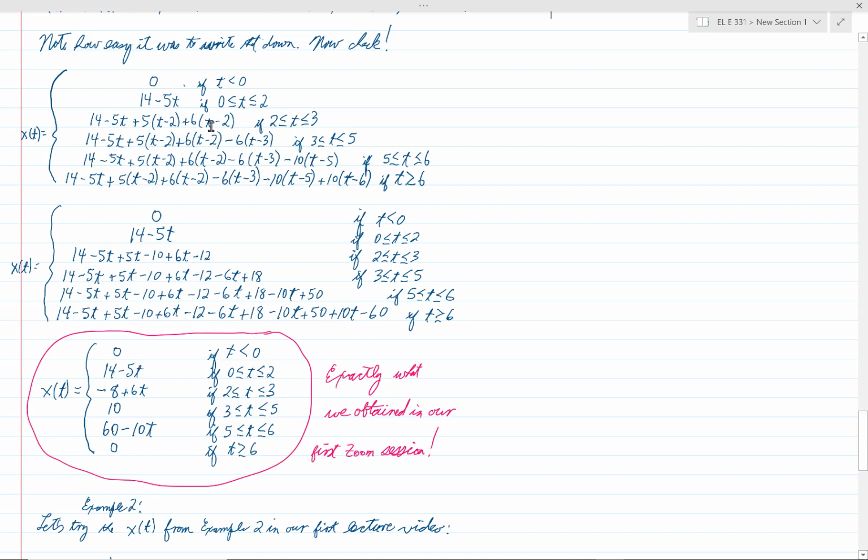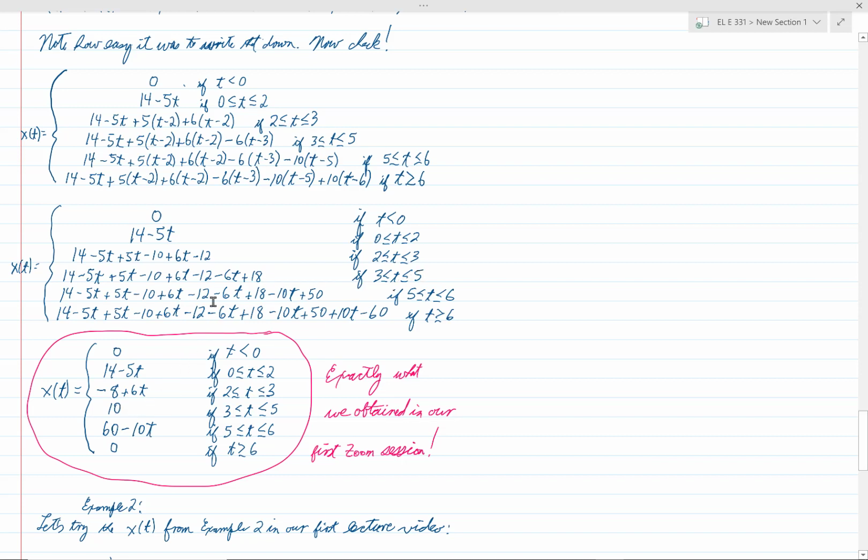And we have a 6t here, so 6t minus 8 right here. If all of this is equal to 6t minus 8, that's identical to this part right here. So we would have 6t minus 8 minus 6t, so we're just left with minus 8 plus 18. So we have 10 in that region.